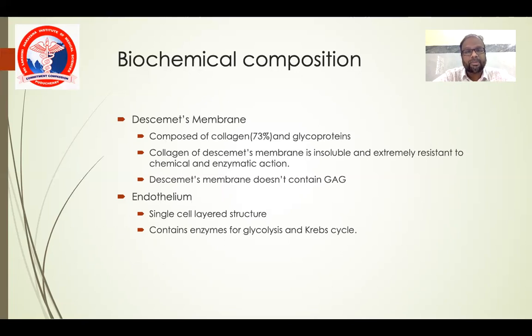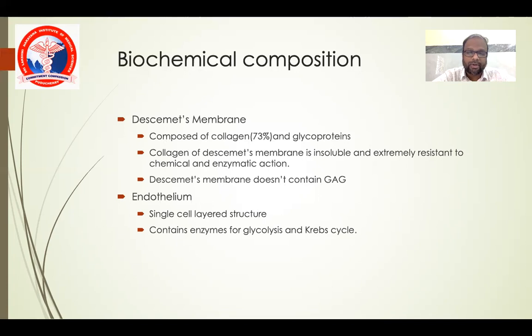That way the Descemet membrane is held intact, and when there is an increase in intraocular pressure, this Descemet membrane bulges out through the defect. That's what we call a descemetocele. So the collagen of the Descemet membrane is insoluble and is extremely resistant to chemical and enzymatic action. Coming to the last layer, the endothelium.